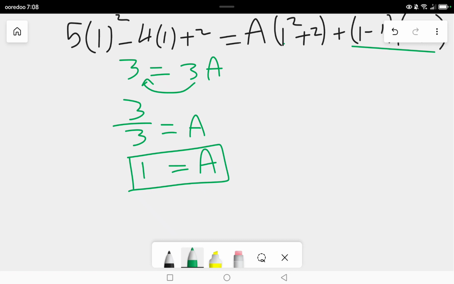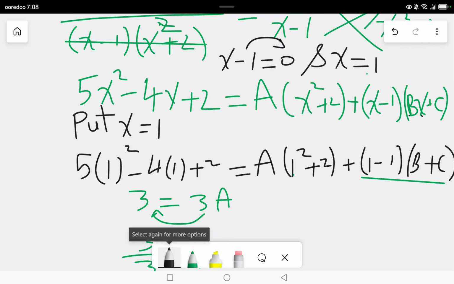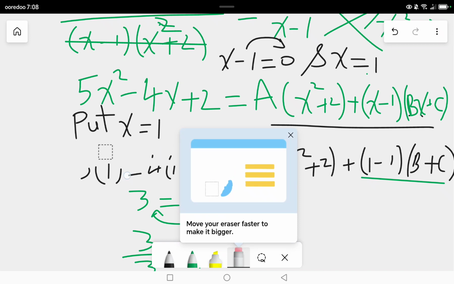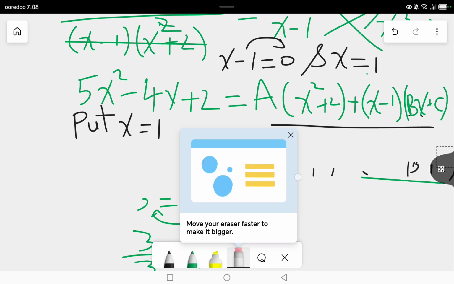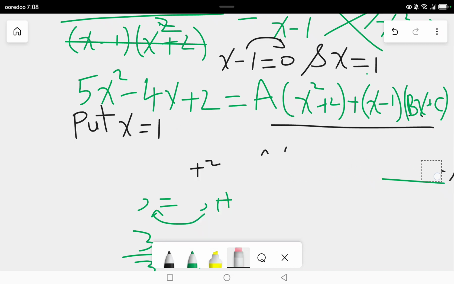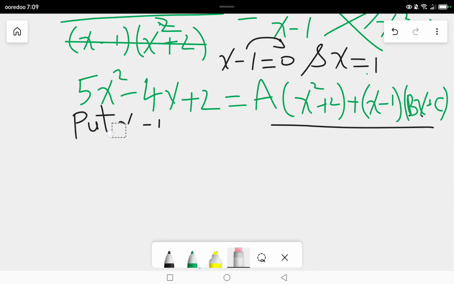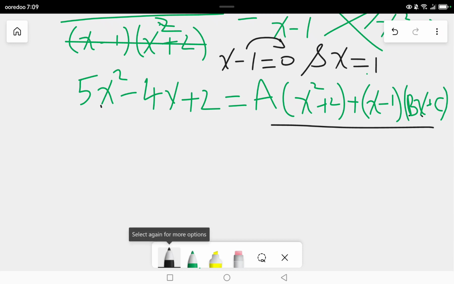Now the second thing, we are going to compare the coefficients. For comparing coefficients, you need to simplify this part. We found a equal to 1 already.